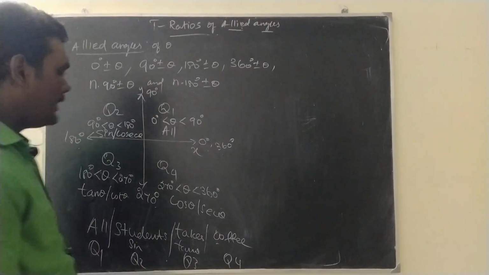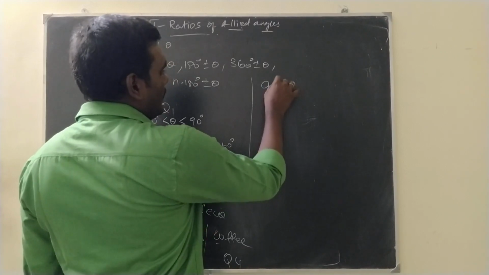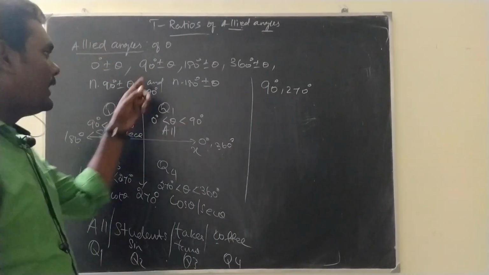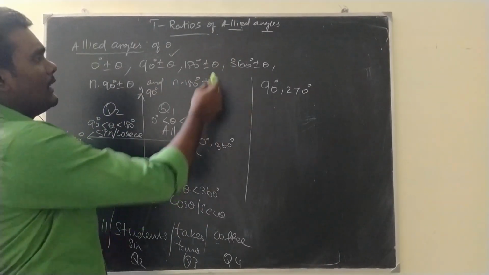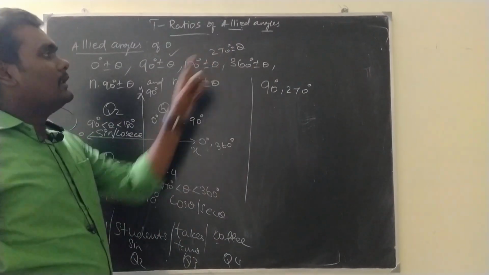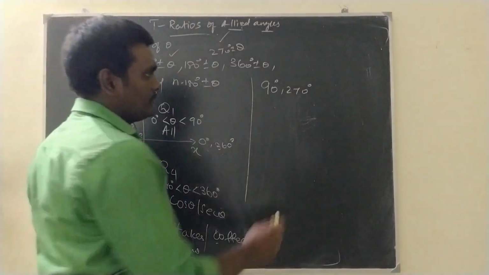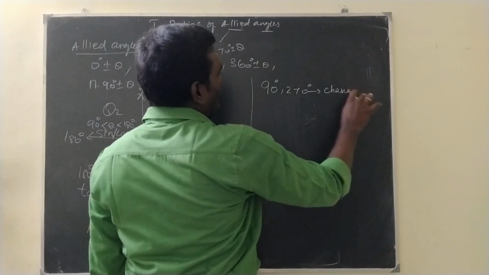Also, you have to keep in mind one more thing. Whenever 90 degree or 270 degree is part of the allied angle, which means 90 plus or minus theta and 270 degree plus or minus theta, this pair comes, there will be a change. What changes?